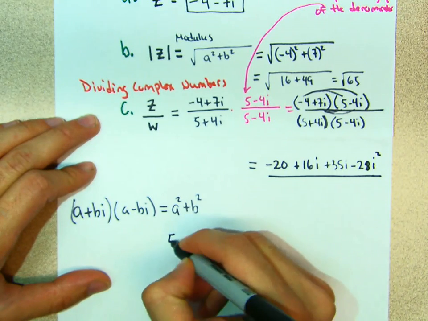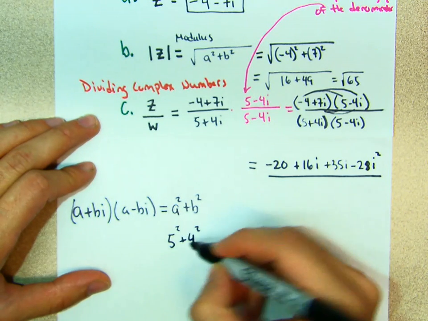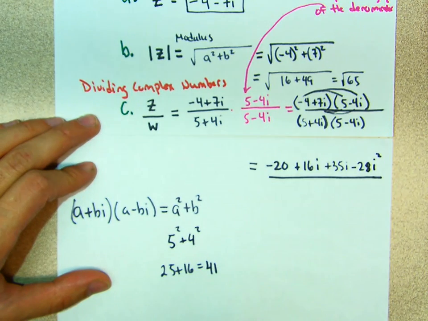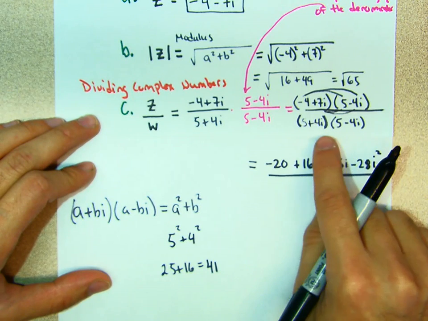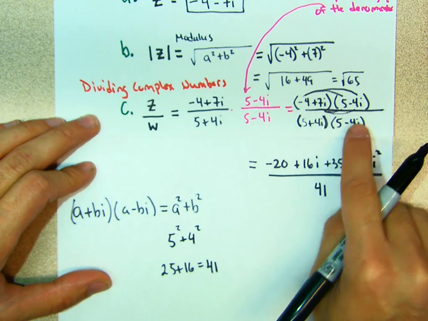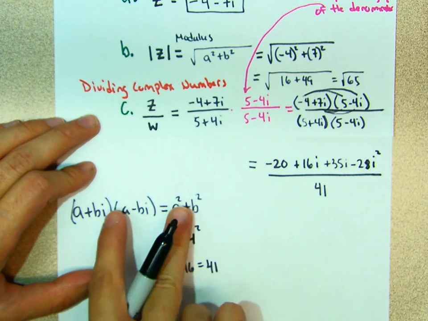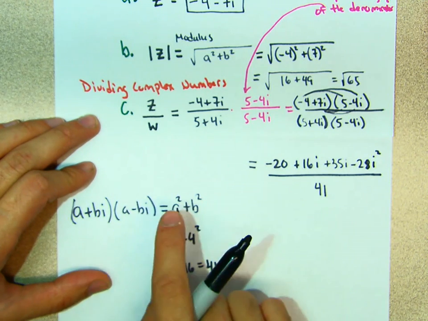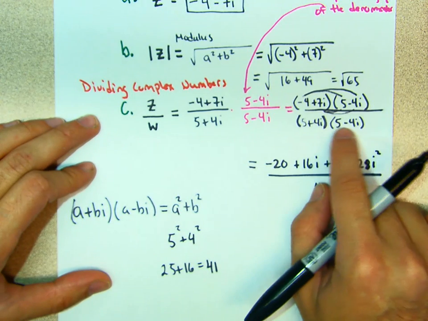It's 5. What's my b? It's 4. And if you just square them, what do we get? We get 25 plus 16, and it equals 41. You will get 41 on the bottom if you do this. If you want, why don't you just FOIL it for yourself and see what happens? But from now on, we have to get used to this rhythm that if I see a complex number times its conjugate, it's just a squared plus b squared. Okay? If you want, I could show it to you some other time.